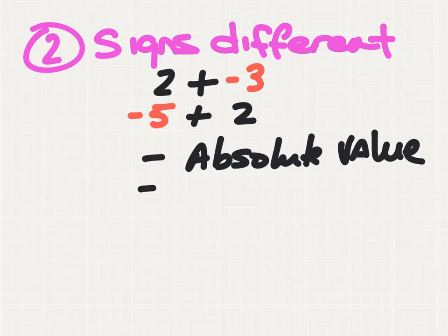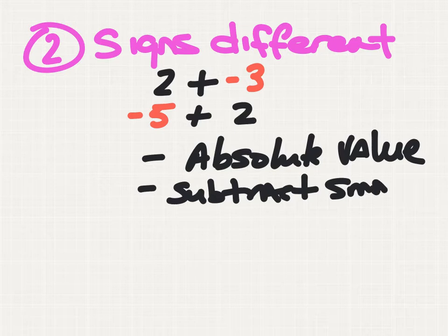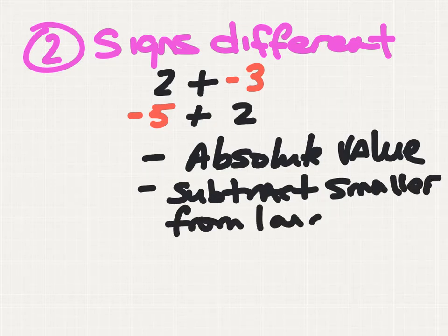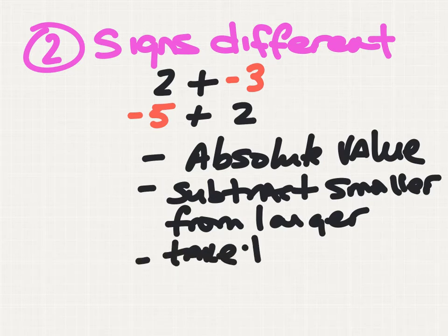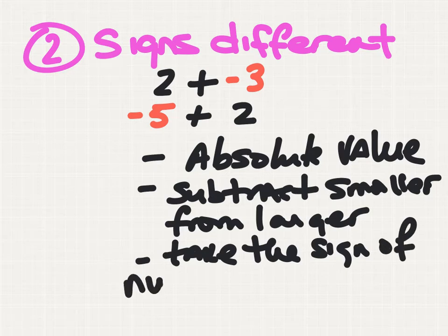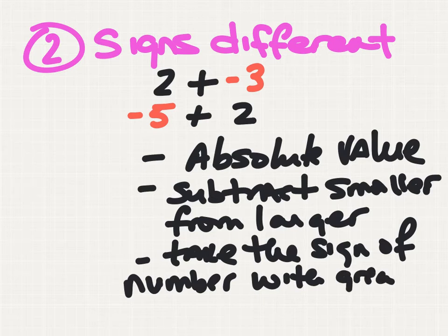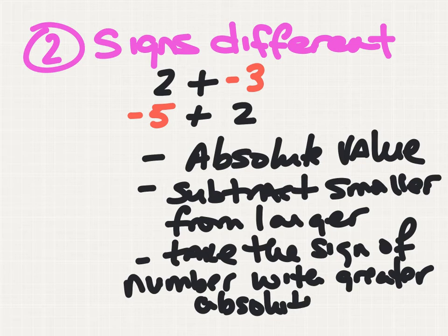I then need to subtract the smaller from the larger, and then take the sign of the number with the greater absolute value. We'll take a look at these just to make sure you understand exactly what I mean.